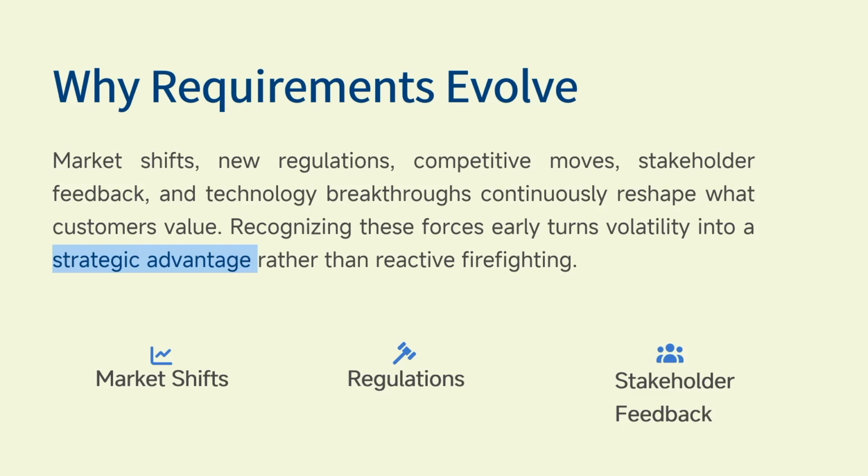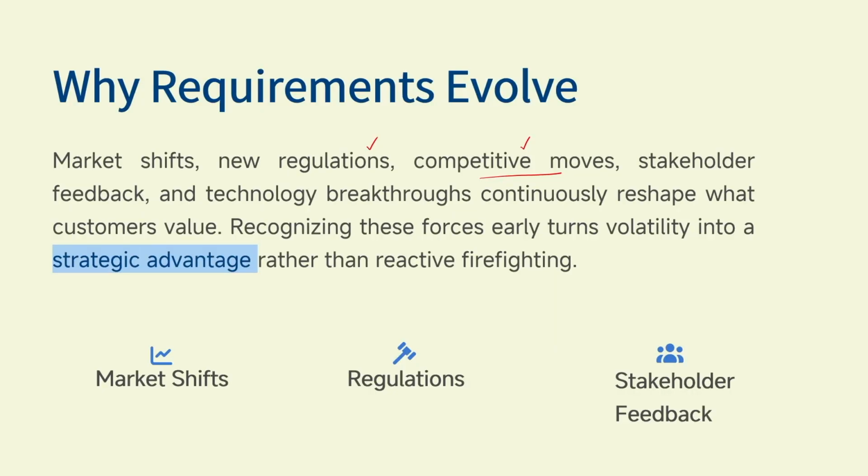So, basically when there is a market shift, when there is a change in the market, the requirements tend to change. The second is the new regulations, the competitive moves. When there is a competitor with respect to the same product, the competition across the same product will also make the requirements evolve.